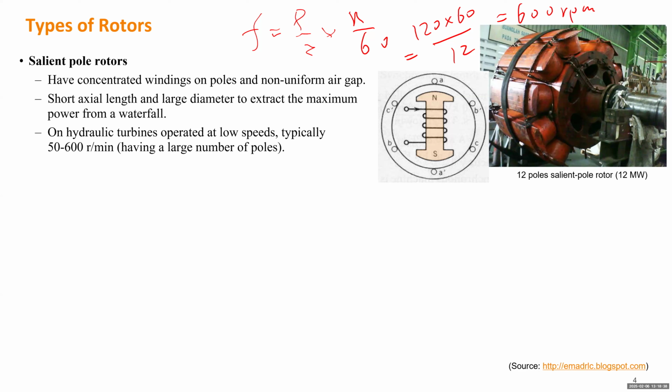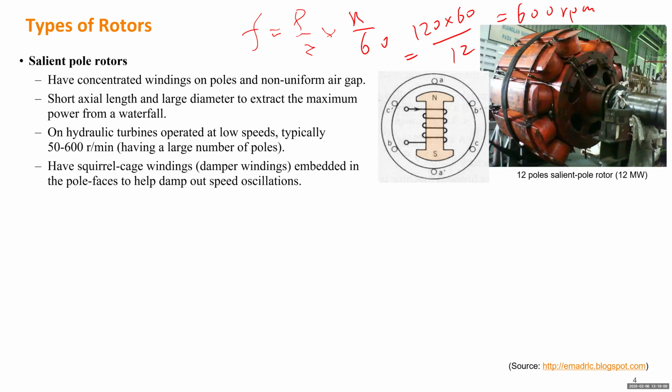But in order to increase the frequency of the electricity to 60 Hz, you have to increase the number of poles. So hydraulic turbines usually operate at lower speeds, such as 50 revolutions per minute to 600 revolutions per minute, so they have a large number of poles.